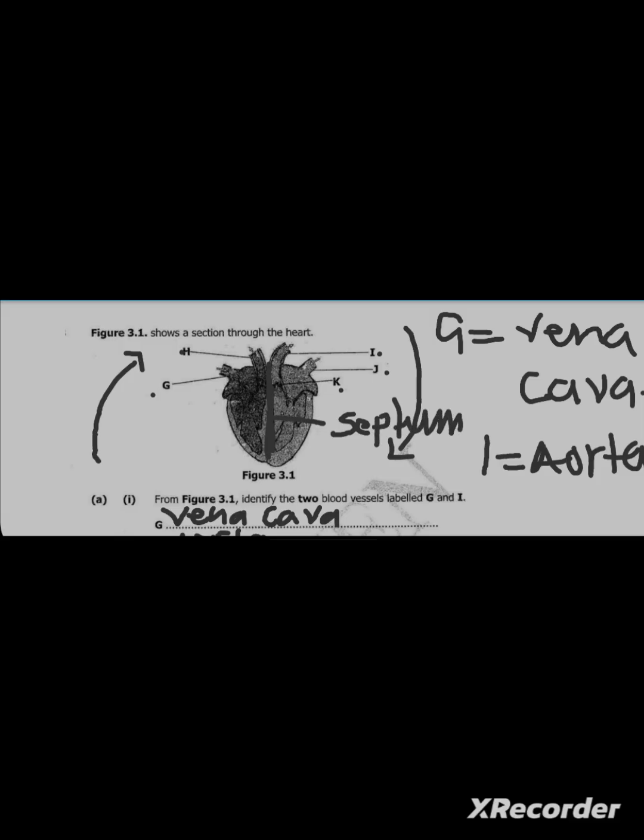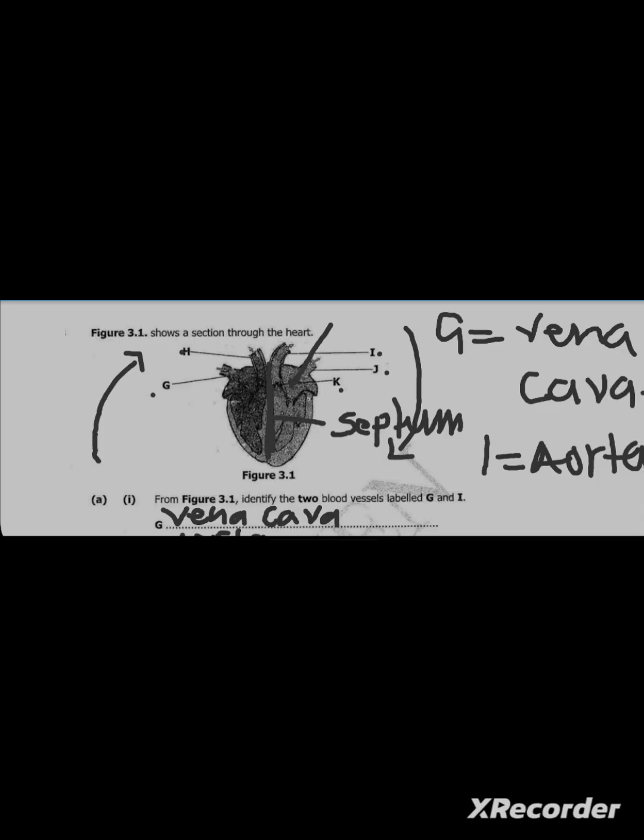Then we have got this side, which is called the left atrium, and it receives the what? The blood containing oxygen. It acts as a receiver.